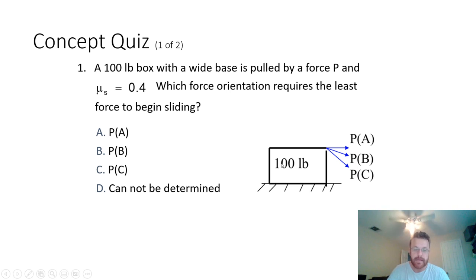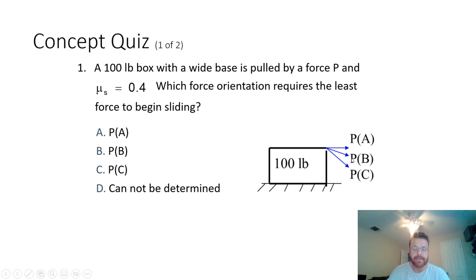So when you think about what it means for that box to actually start sliding, remember that the horizontal component of the applied force has to overcome the maximum static friction force. And the way that you compute the maximum static friction force is this coefficient of static friction, mu sub s, times the normal force.